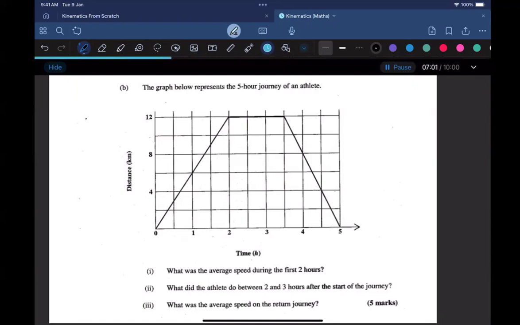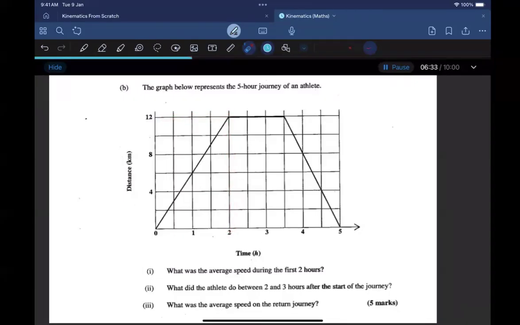Do you see seconds in this question? No. The time is in hours, right? In how many hours did it take to travel 12 kilometers? Two.